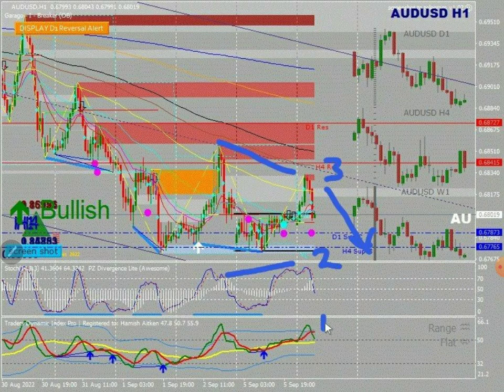If we have shark fin above 50, we need to complement the entry with divergence. But if it is at 68 or above 68, or below 32, you don't need divergence to complement the pattern.